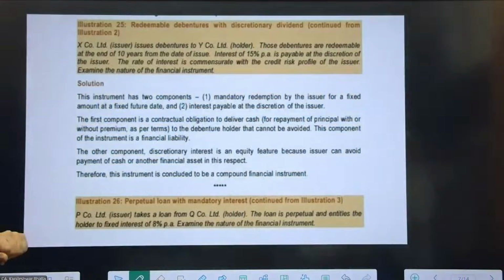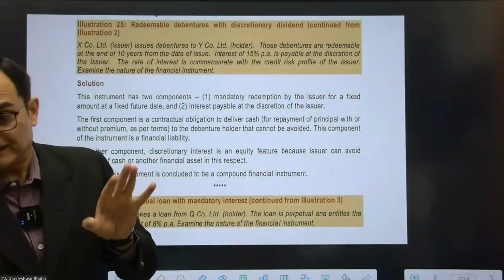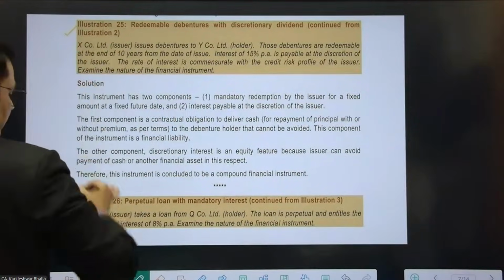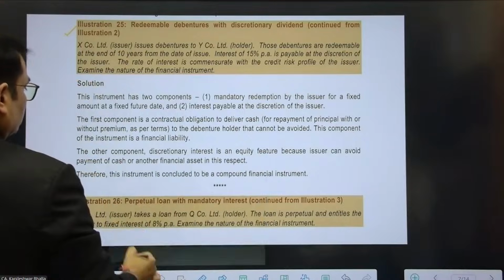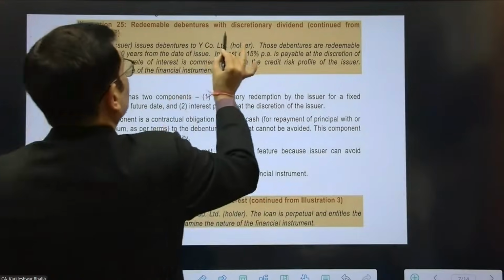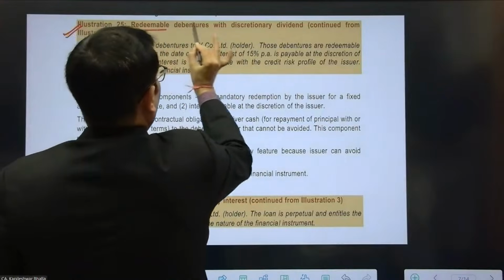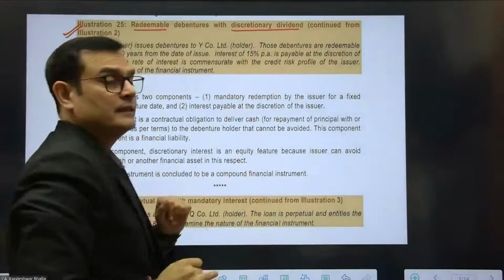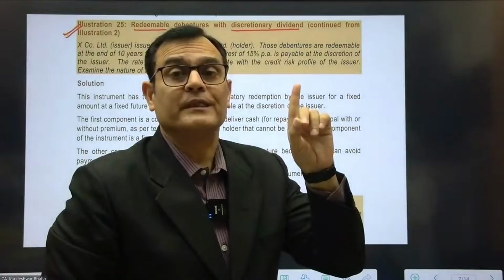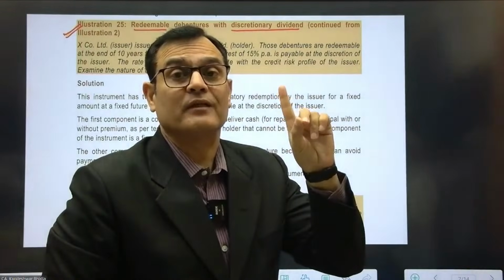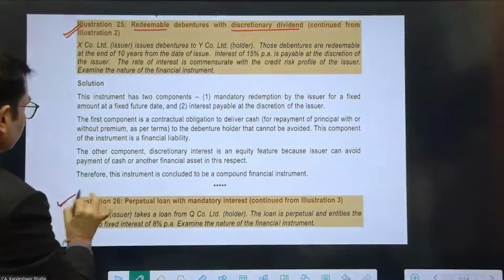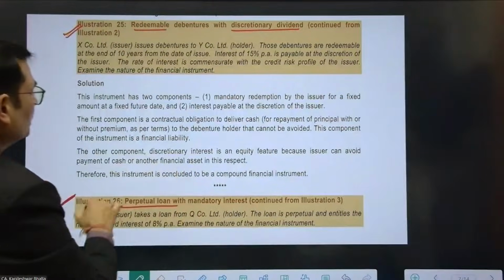If you look at the inputs in terms of this illustration, we've done illustration number 25, wherein we saw the concept of redeemable and discretionary dividends. Agenda number 1: identifying one component equity, another component FL, identifying CFI. Done. Then we went to illustration number 26, perpetual loan.